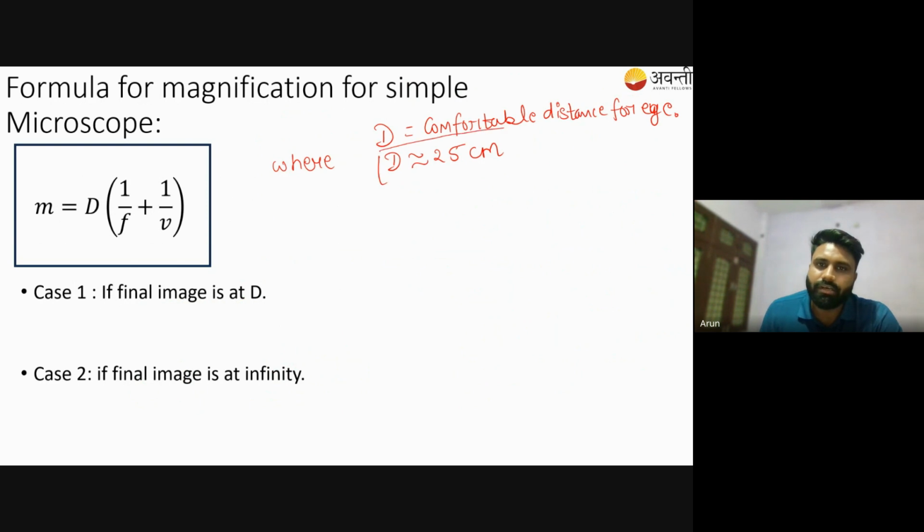So just note it down. This is the distance which is very comfortable for the eye to view.